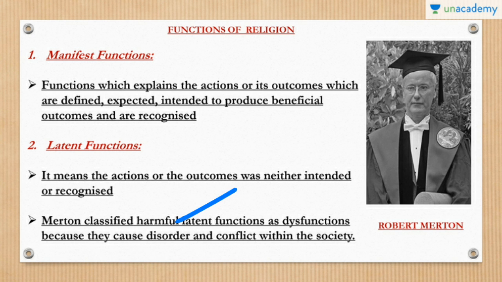But at the same time, some latent functions can also act as dysfunctions which can cause disorder and conflict in the society. I'll give you a small example explaining the manifest and the latent functions. The manifest functions of a newspaper are where you enrich your knowledge.